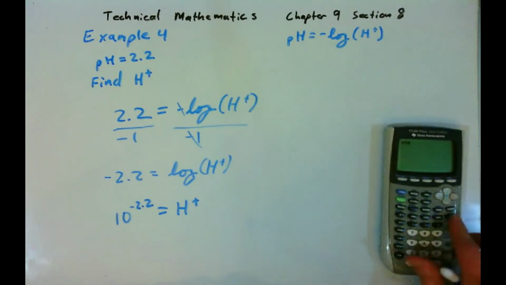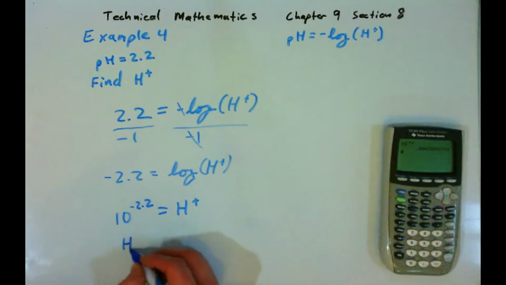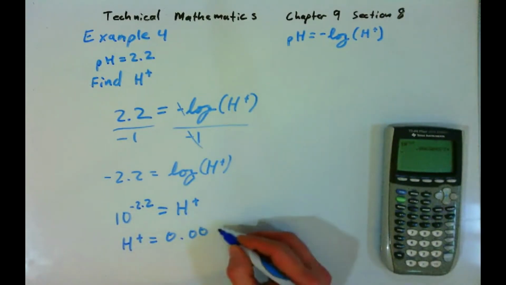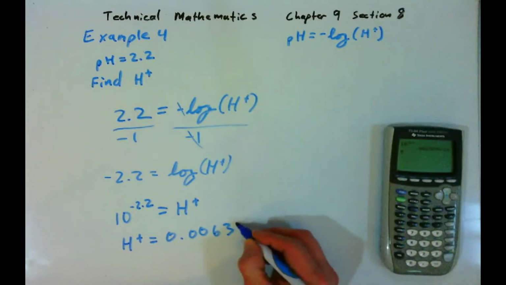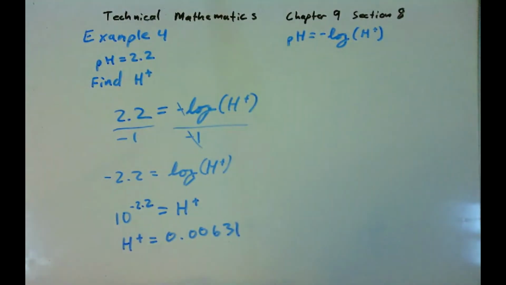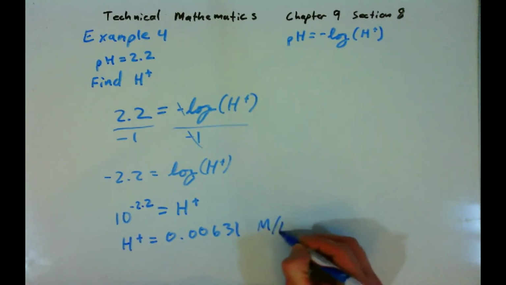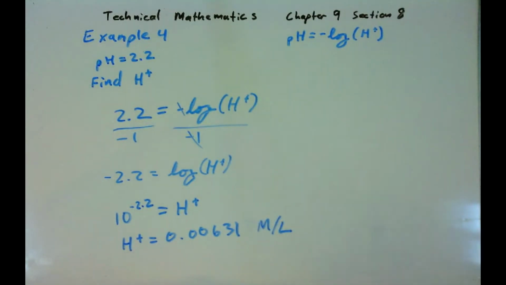We have 10 being raised to the negative 2.2 power. And we get H+ is equal to 0.00631. And so this will be the concentration measured in moles per liter.